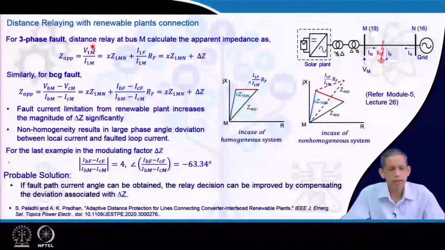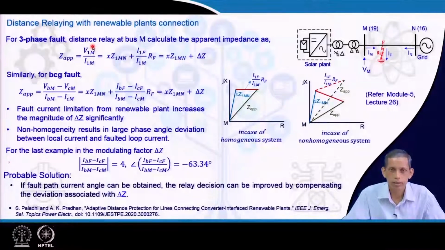Now, we will analyze why that is happening from the distance relay perspective, with a solar plant connected to that same system. First consider, for clarity, a 3 phase fault. For a 3 phase fault, Z apparent equals VA upon IA, or VB upon IB, or VC upon IC, or V1 upon I1.